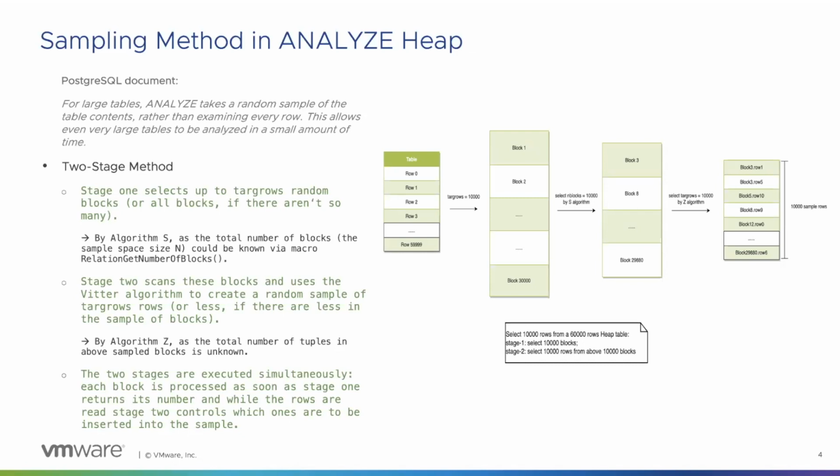If we don't know the total number of rows, we have to scan the whole table, and that could take a very long time.